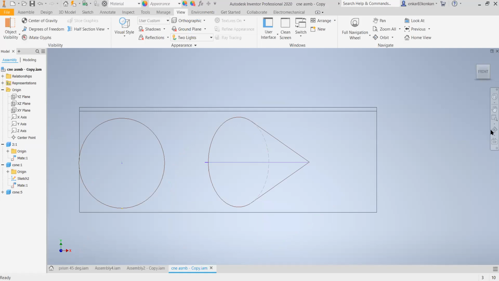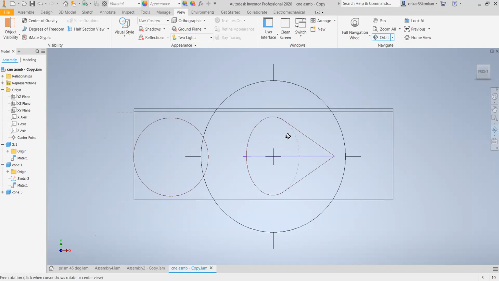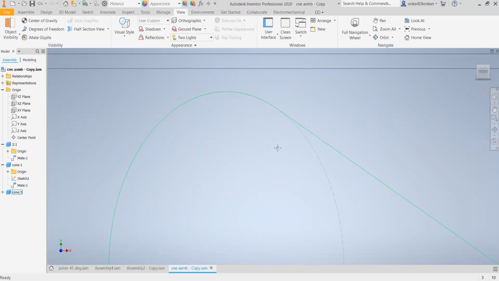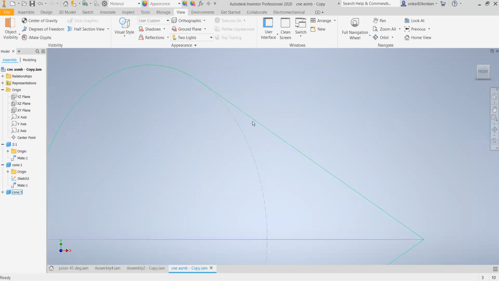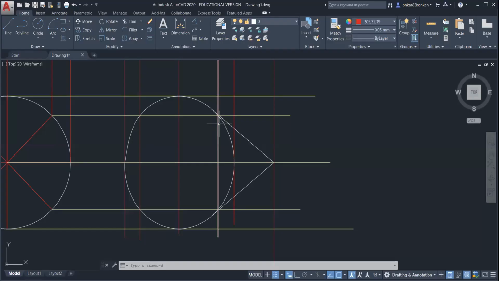In the top view, this is the ellipse, and for this ellipse we have to draw exactly a tangent line which will join the apex with this ellipse. After that, the remaining part of that ellipse must be the hidden part. Similarly here, draw this tangent line, and we have to show this part as a hidden part.